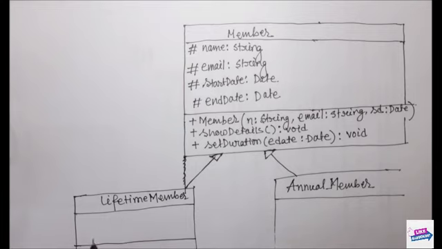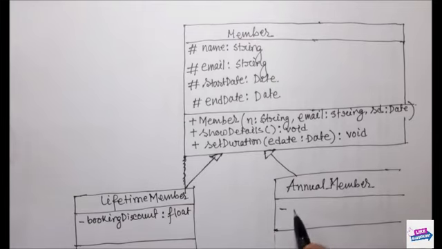Here I am adding booking discount, and the data type is float. Here also I add booking discount.